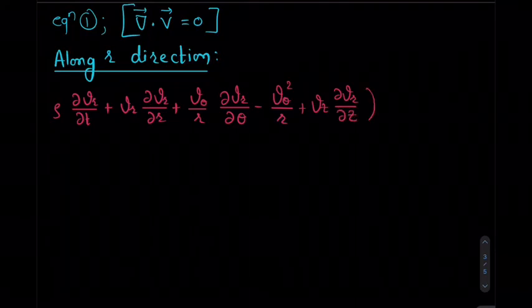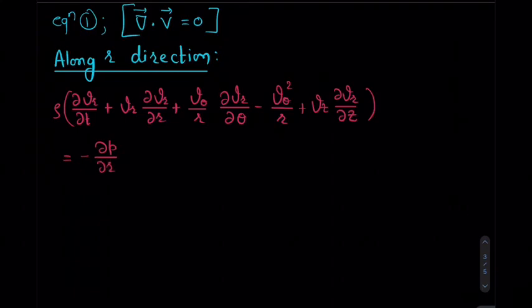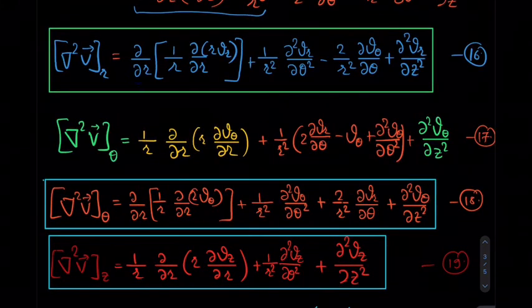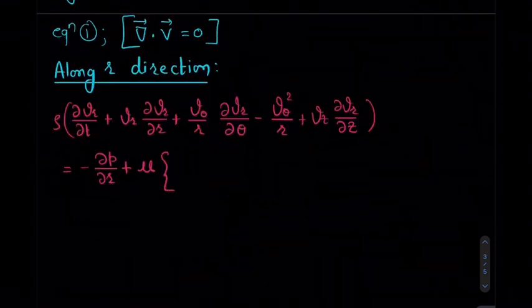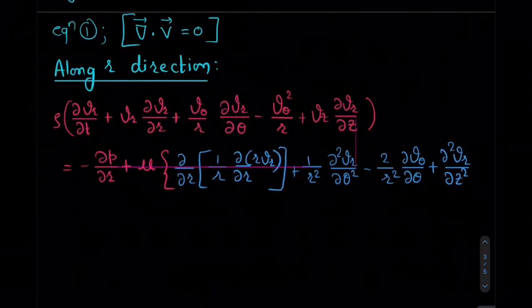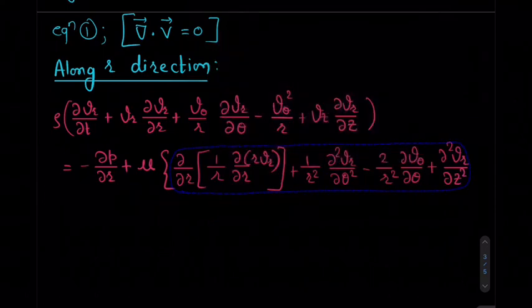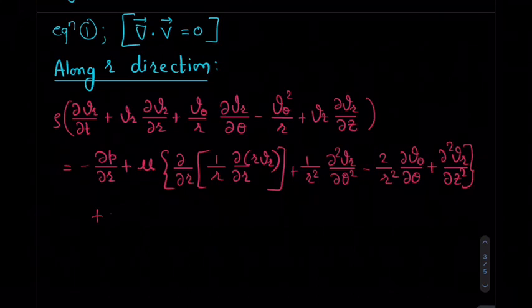Put it into a bracket and multiply by rho. This equals the negative pressure gradient along r direction plus mu times whatever terms we just deduced along r direction. So let us copy them and paste them as they are. Let us complete this bracket, plus the body force term along r direction, which is rho fr.